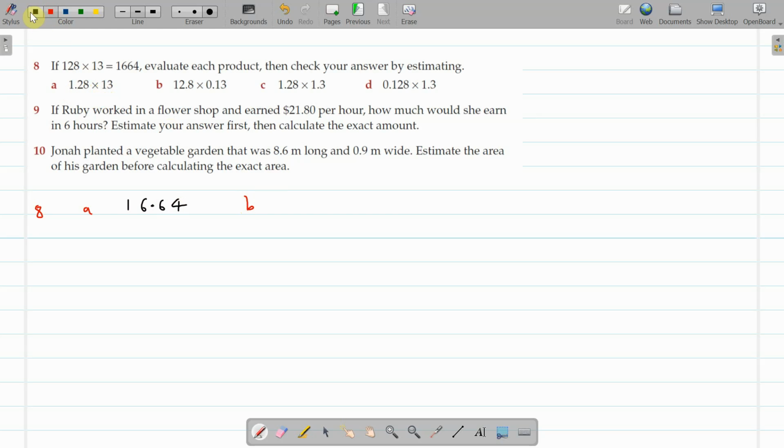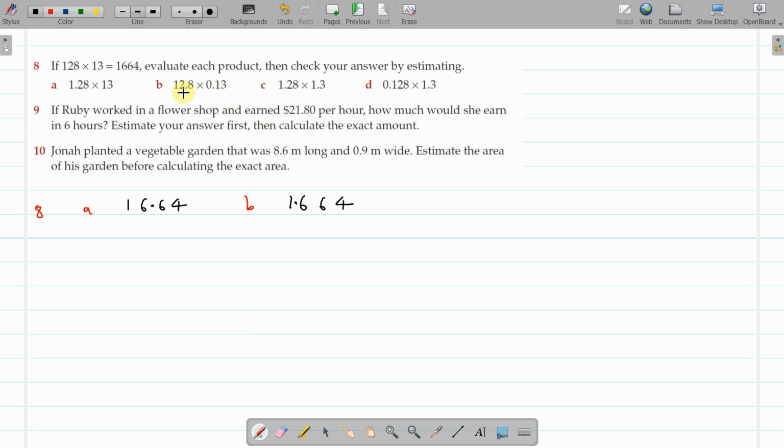B, we have the same 4 numbers. Then we've got 1 decimal place and another 2. That makes 3 decimal places. And we have a look at the numbers used. That's a small part of 12.